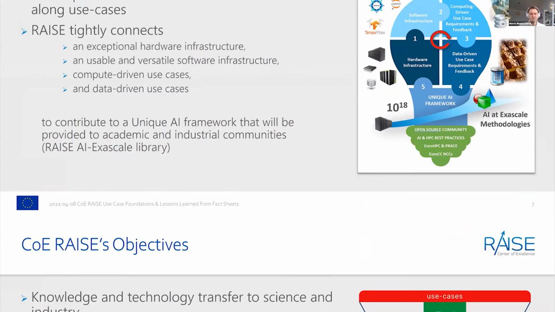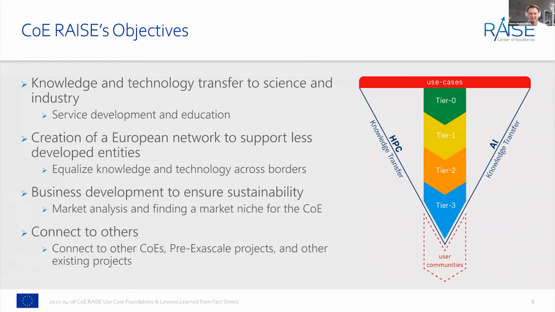Now, when we think more on the industry side, from the results coming out of this project, we really want to do a transfer from science to industry, think about potential ideas. We're creating a European network that really can have this technology and the knowledge of how to combine HPC and AI properly organized, especially around Europe, but of course also with our international colleagues.